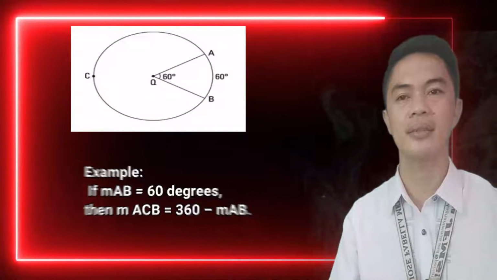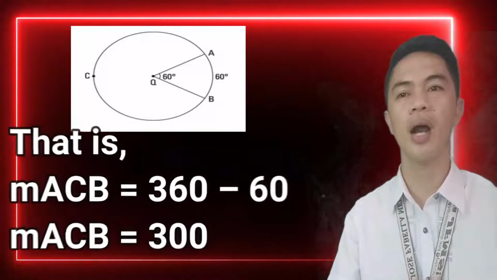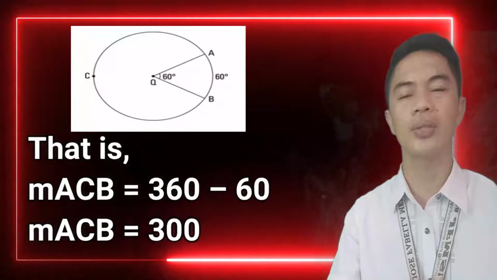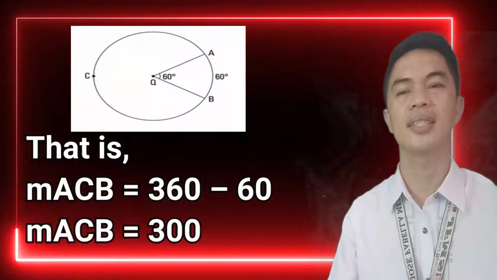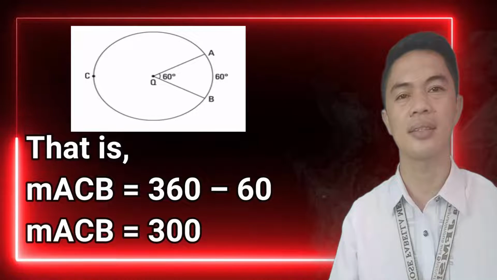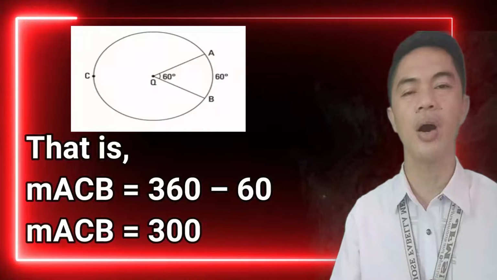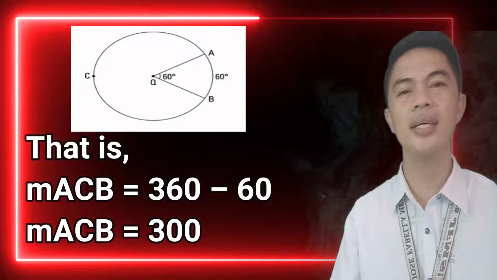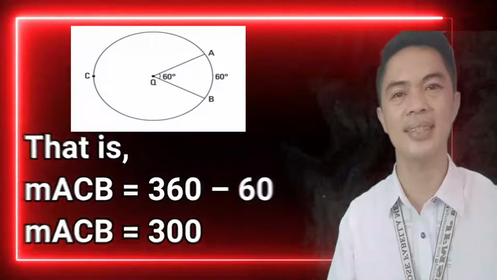That is, the measure of major arc ACB is equal to 360 degrees minus 60 degrees. That's why we have the measure of major arc ACB is equal to 300 degrees.